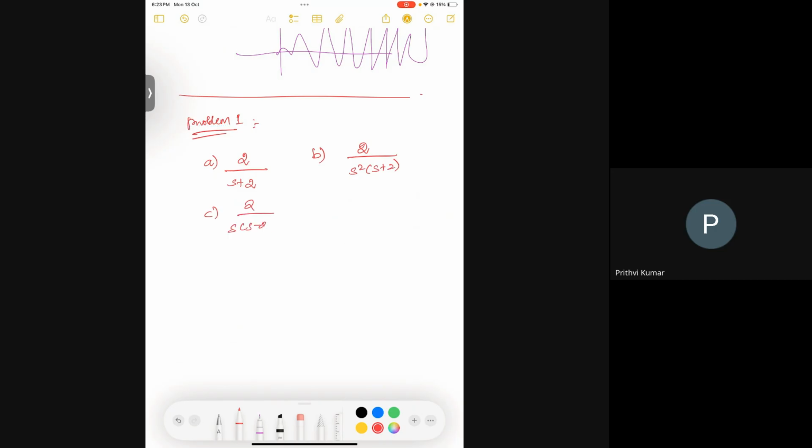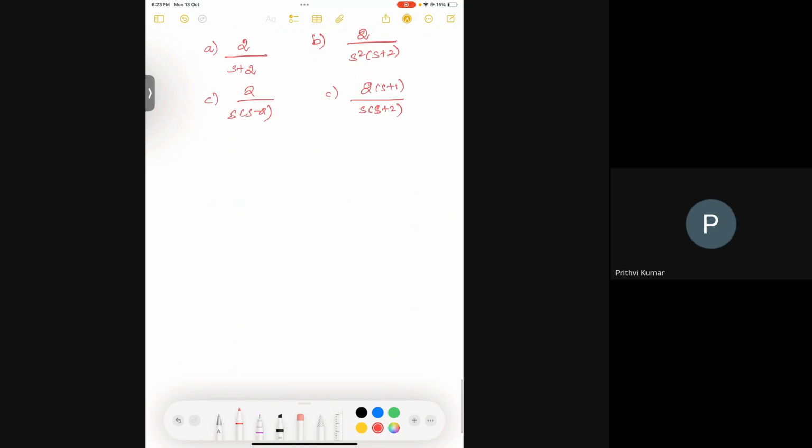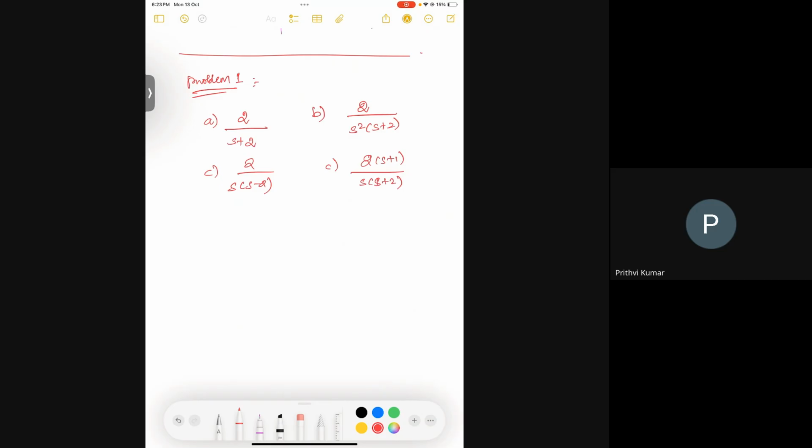One thing I want to insist is, first find whether the system is stable or not. Tell me whether it is stable. Which one is stable or which one is unstable?